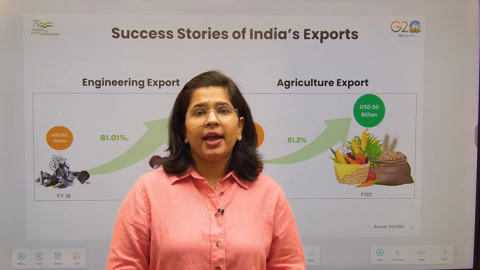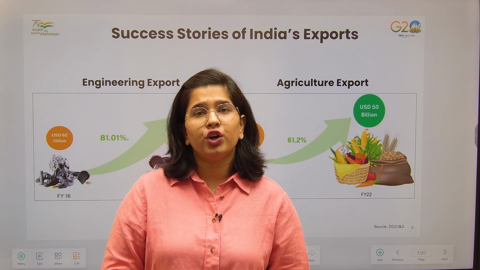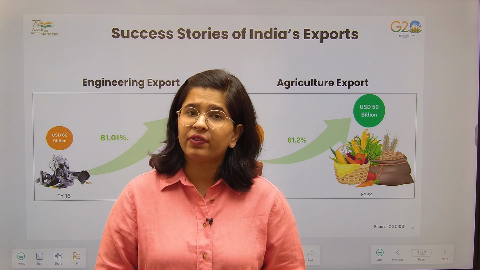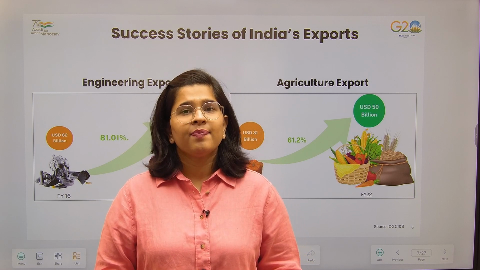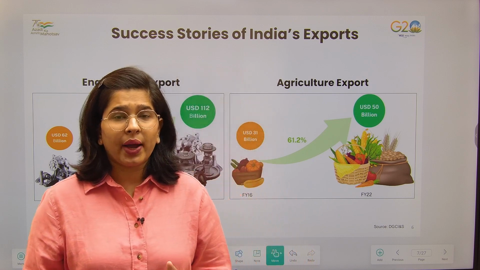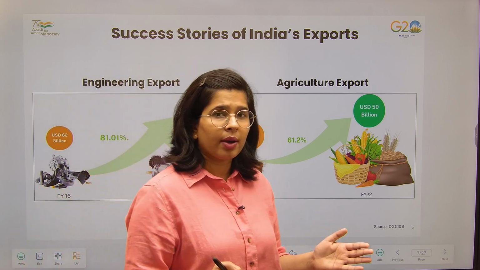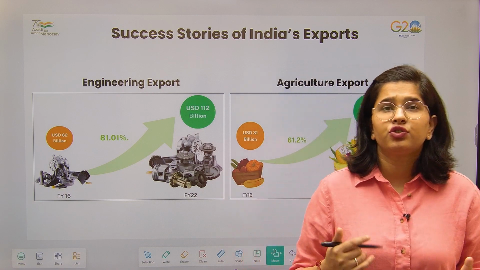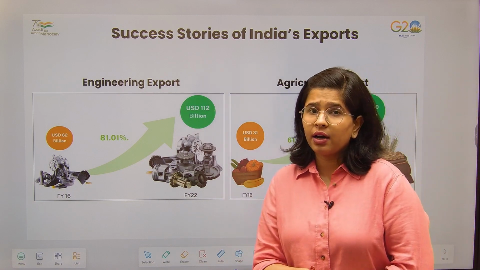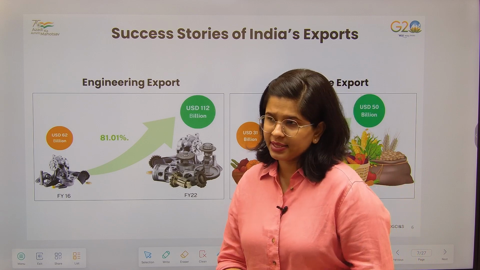It is followed by machineries, then iron and steel, these particular commodities, and after that organic chemicals. So these are all things that we export quite a lot. Whenever I talk about this, I am also talking about drugs. Drugs means medicine. India is quite a large supplier of medicines.